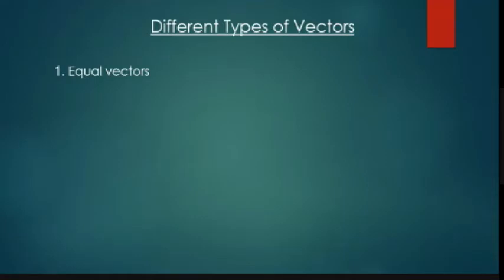Sir, can you tell me what equal vectors will be? If two vectors are to be equal, what should be the magnitude and direction? Equal magnitude and the same direction. For example, if I draw a vector like this, vector A, then to draw an equal one, I have to take the same magnitude and the same direction.